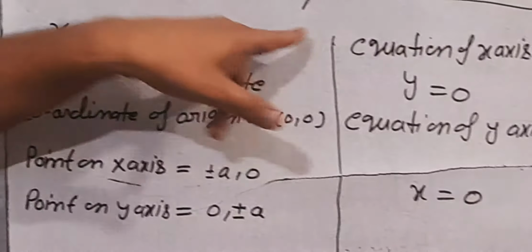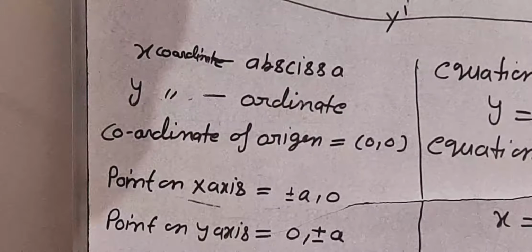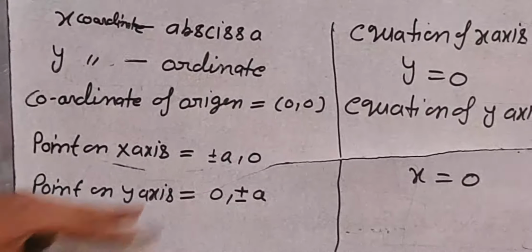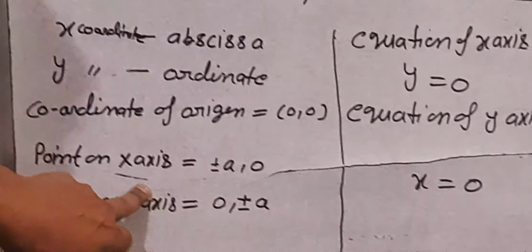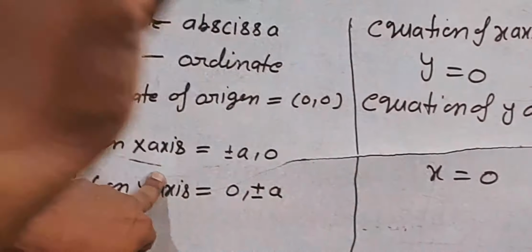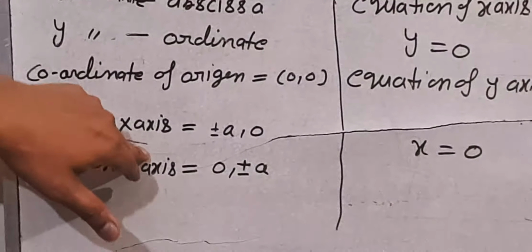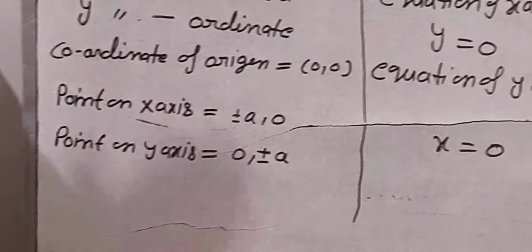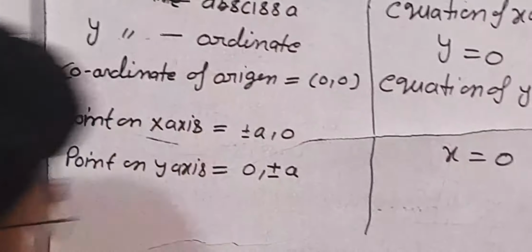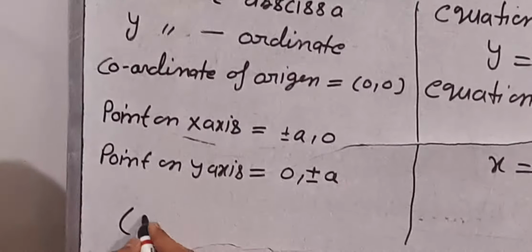Now suppose that there is any point on the x-axis. If there is a point on the x-axis, then y is always and always 0. On the x-axis the y coordinate will always be 0. Suppose you want to locate (3, 0).